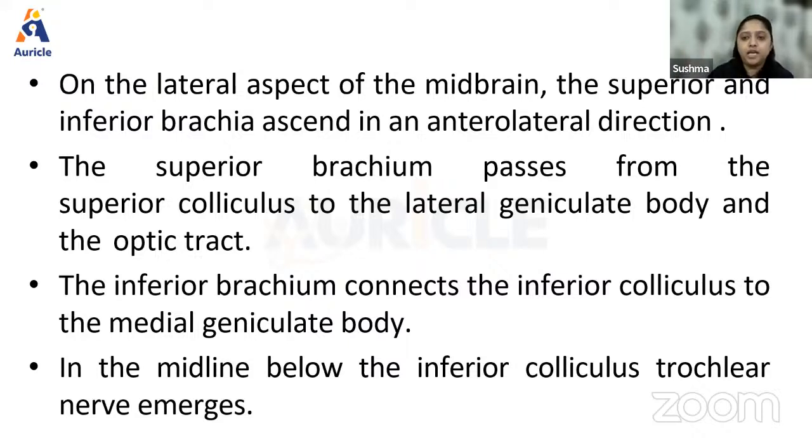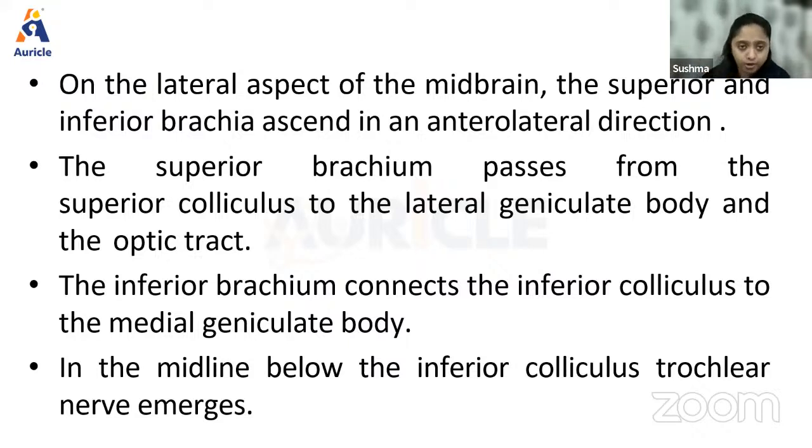Lateral geniculate body is related to light, and light means visual tract. L for L: lateral geniculate body, light, optic tract. Whereas medial geniculate body, MGB, M for music. Music means MGB, which connects the inferior colliculus to the medial geniculate body.